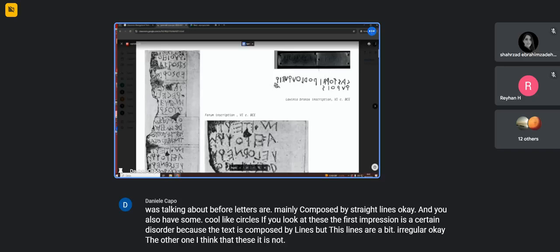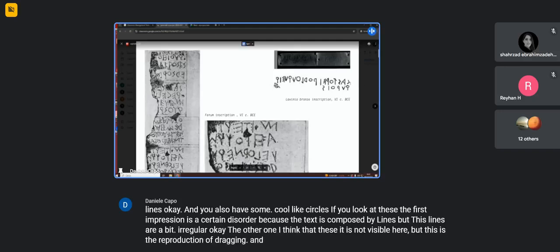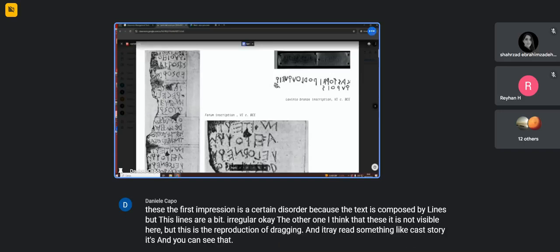The other one, I think it is not visible here, but this is the reproduction of the writing, and it reads something like castore, etc. And you can see that the writing goes from right to left.